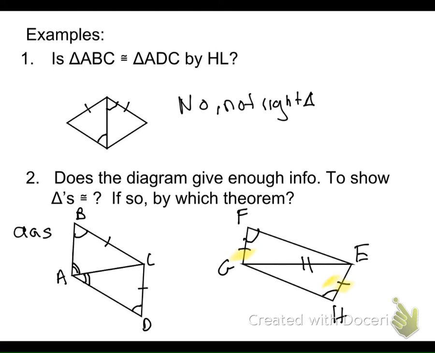So the answer is no, because the angle is not included. So again, for us to use side, angle, side, that angle would have to be between the two congruent sides. And right now it is off to the side, and we do not have a theorem or postulate about that.